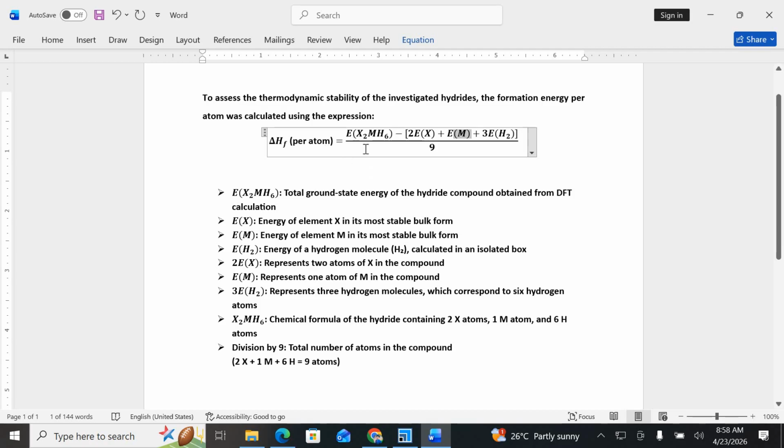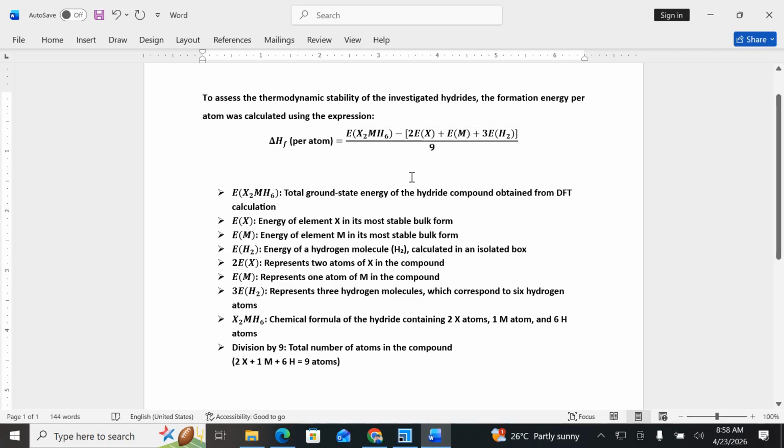As we know, the general formula is X2MH6, so in the unit cell we have 2 X, 1 M, and 6 hydrogen atoms, which equals 9. As we want the formation energy on a per atom basis, that is why we divide by 9.